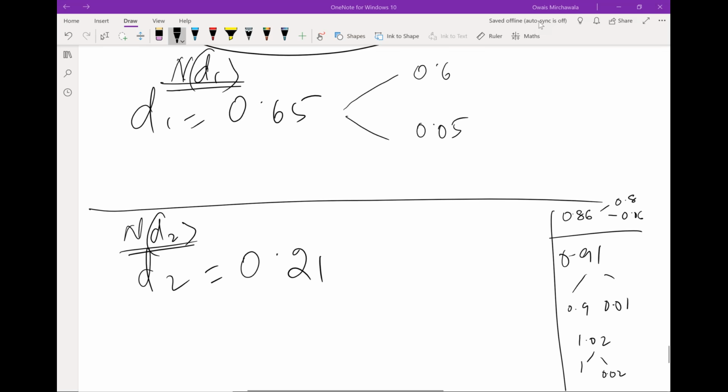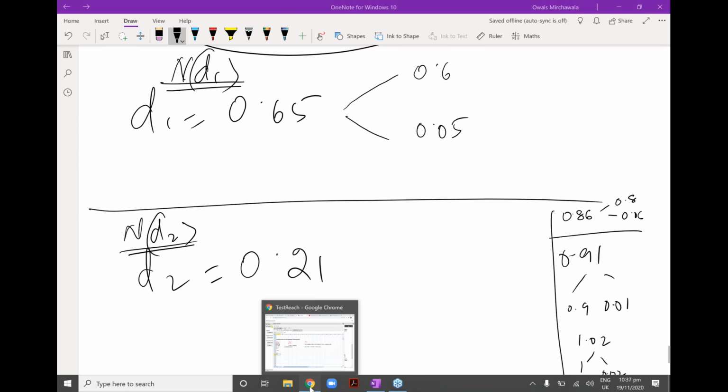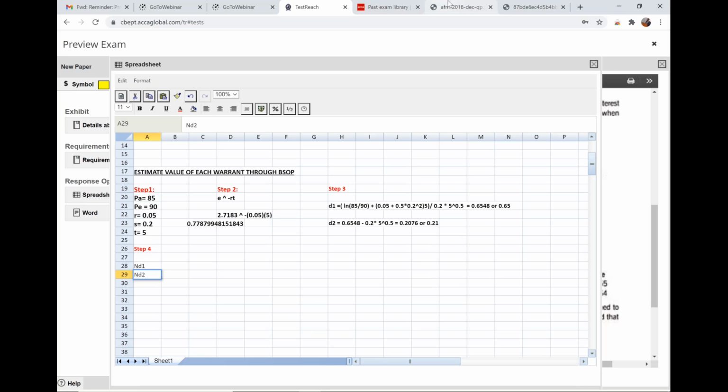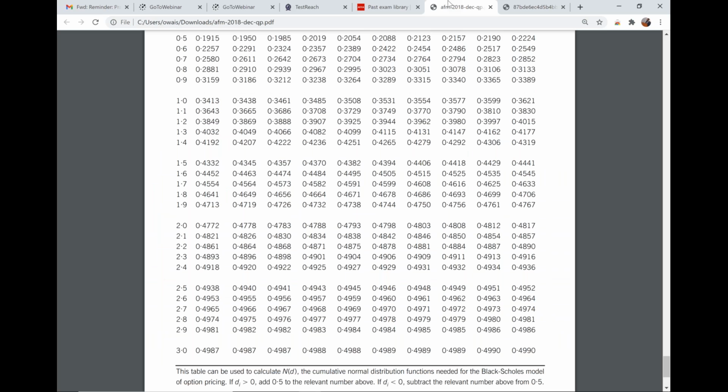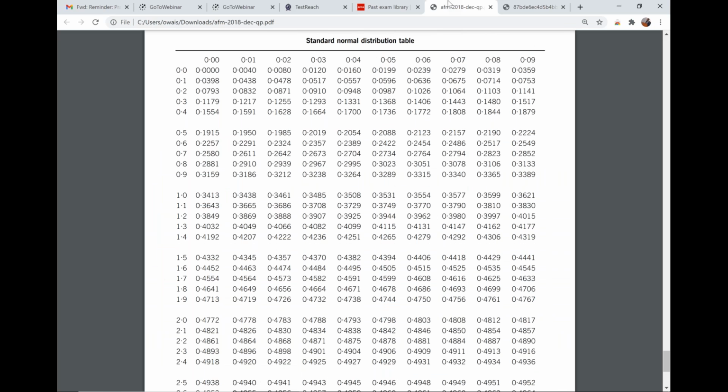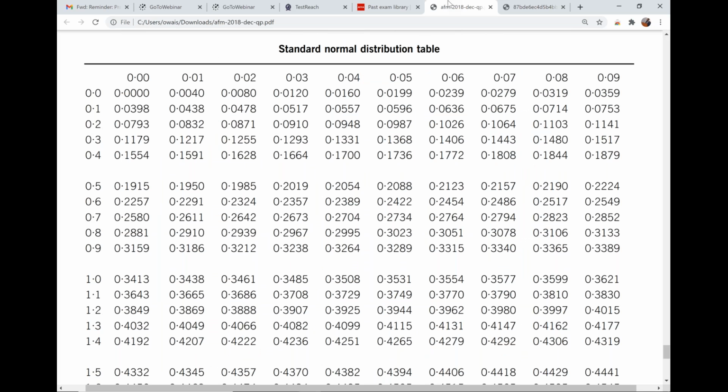So once you have broken it into two pieces, like D1 is 0.65, so you broke it into 0.6 and 0.05. Now you refer to the distribution table. Try to find what is at the intersection of 0.6 and 0.05.